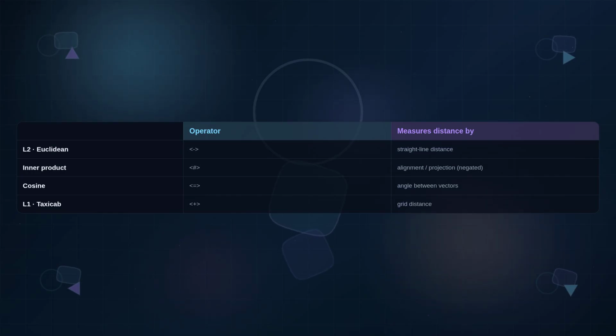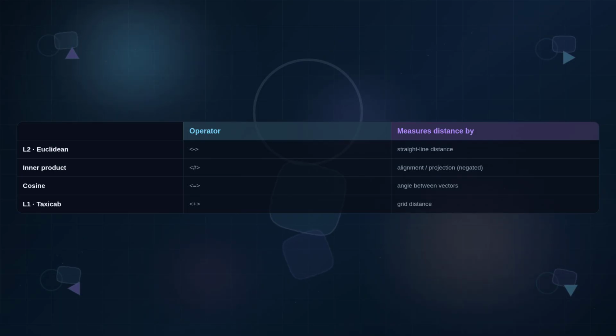The third is cosine distance, which ignores length entirely and looks only at the angle between 2 vectors, which is to say, only at direction. The fourth is taxicab distance, also called L1, which adds up the differences along each dimension as if you could only travel along a grid.